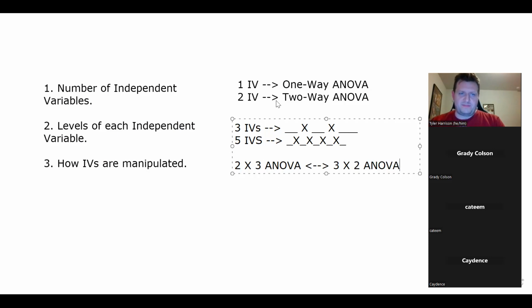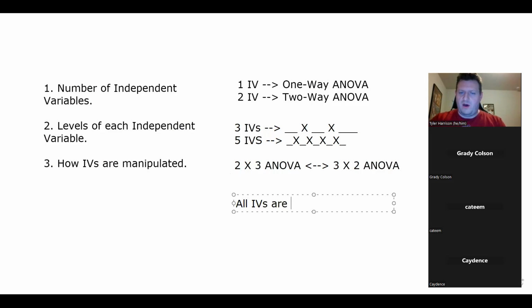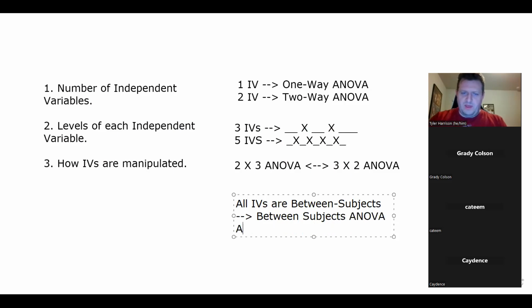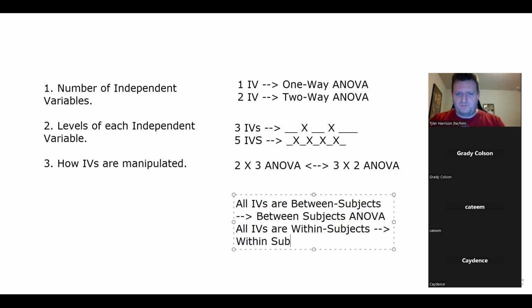Last thing. If all IVs are manipulated between subjects, I have a between subjects ANOVA. If all IVs are within subjects, I have a within subjects ANOVA.